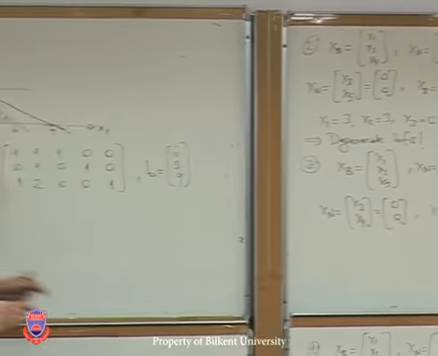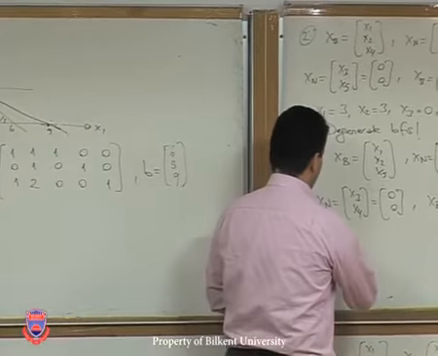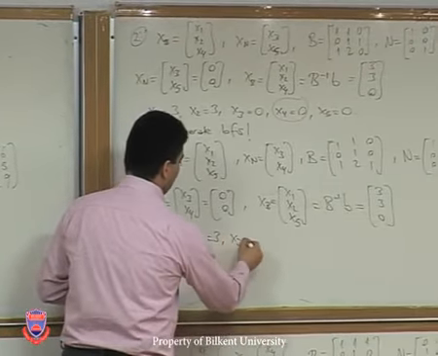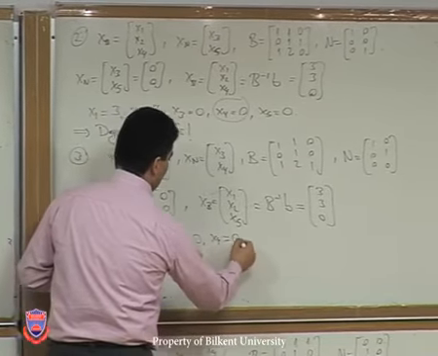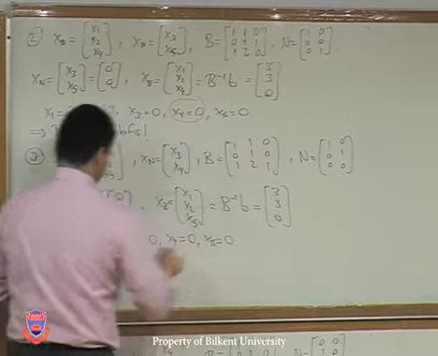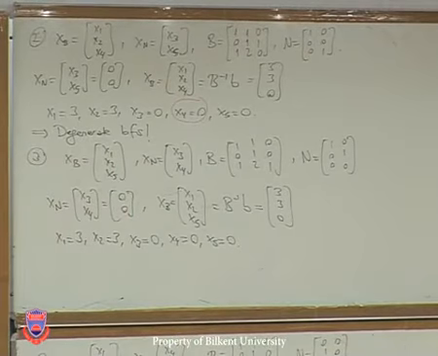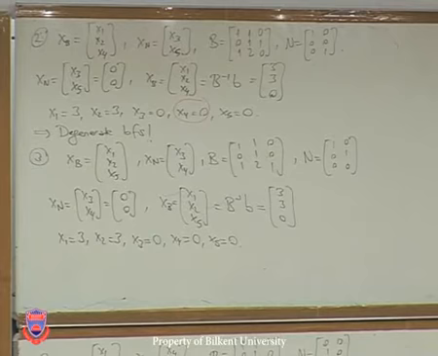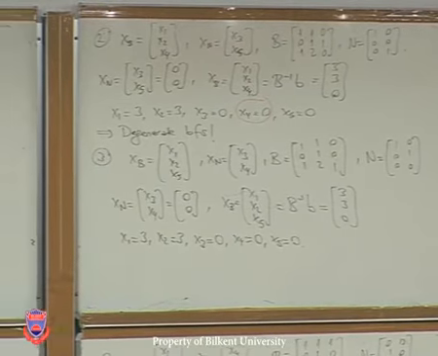What's the corresponding solution? Again, x1 is equal to 3, x2 is equal to 3, x3 is equal to 0, and x4 and x5 are also equal to 0. So is it a different solution? No, it's still the same solution, basically.